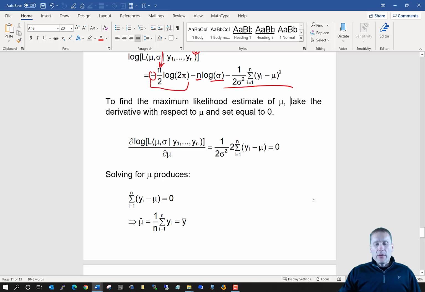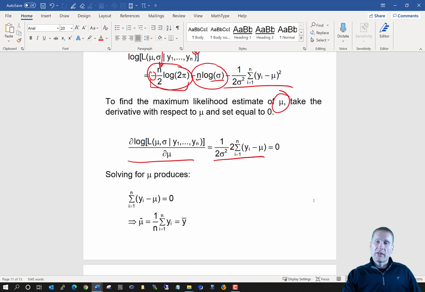Now, to find the maximum likelihood estimate here, I'm going to need to take the partial derivative with respect to mu, set it equal to 0. Then also take the partial derivative of the log likelihood function with respect to sigma, set it equal to 0. Let's first attack the mu part. So I take my partial derivative and notice that I have some terms here that do not have a mu in it, so they disappear. I'm just left with the part that has the sum in it.